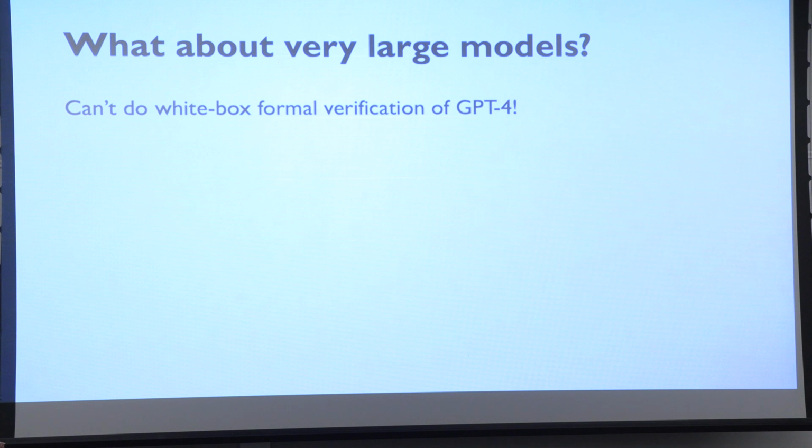So we have to think about alternative strategies for applying this kind of idea in the context of very large models. And so a natural approach in this kind of a setting would be to do shielding. And what is that? That would be that you are not actually trying to verify something like GPT-4. Instead, you are monitoring its behavior, and you have a way to fall back on a provably safe function, in this case, a provably safe policy, if this very large neural network that you have is behaving in a way that doesn't seem safe.